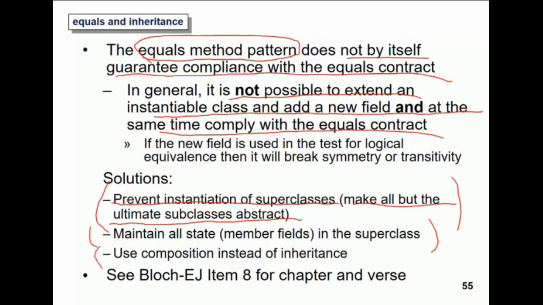Another solution is to use composition instead of inheritance. We'll also look at composition. Usually, implementation inheritance is not recommended within any object-oriented programming language. What we've been looking at so far is what we call implementation inheritance, where at every level of the hierarchy you can execute and create objects.